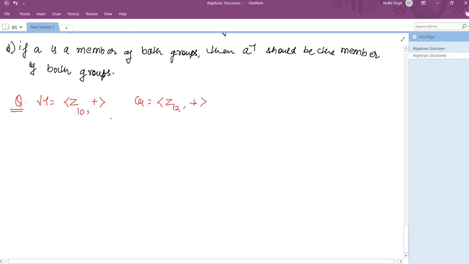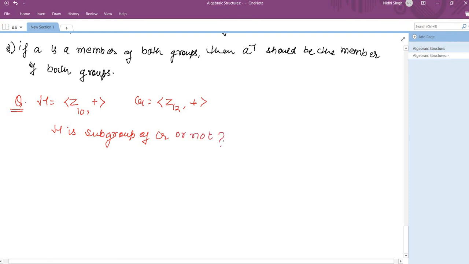Now the question is, we have to find out that H is a subgroup of G or not.